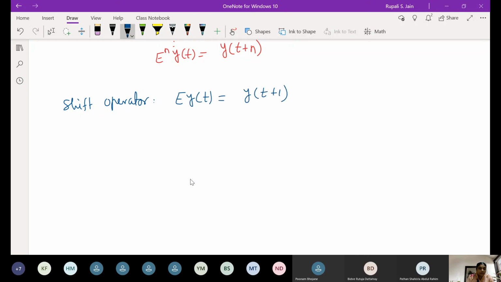And what is the delta difference operator? Delta yt is nothing but y at t plus 1 minus y at t.